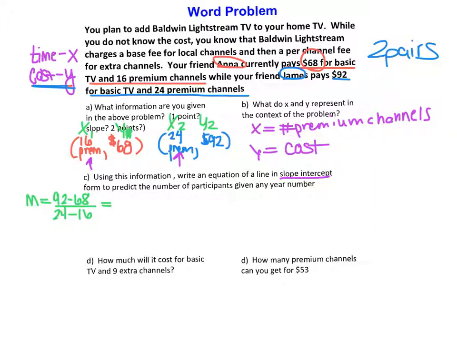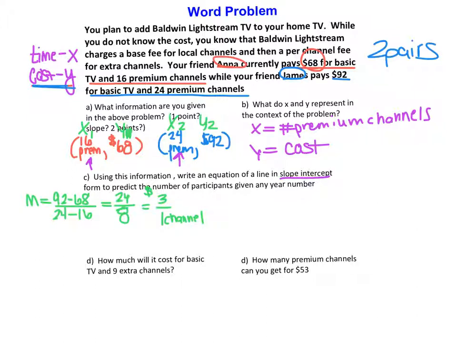I then subtract 92 and 68 to get 24. 24 minus 16 is 8. Then if I divide that out, I get 3 over 1. Now, if I pause for a second and think about the units in my numerator, the units up here for 92 and 68 are dollars. So what my slope is really telling me is that my cost changes by $3 per one channel. So I can break that down.